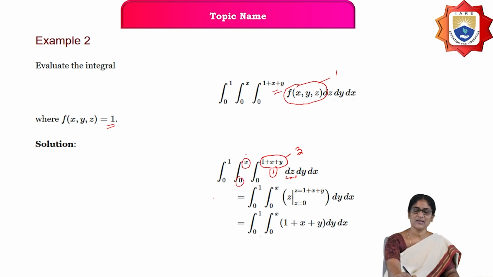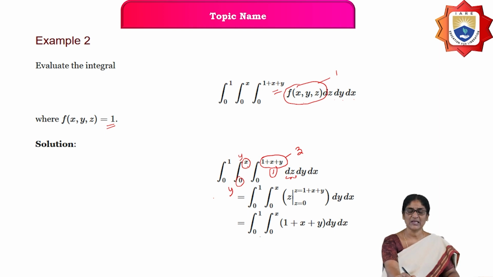That means they are the values for y, because after doing the first integral, z will be eliminated, and of the remaining x and y, as the variable limits are in terms of x, the other variable which is left over is nothing but y. So these 0 and x are the limits for y itself.